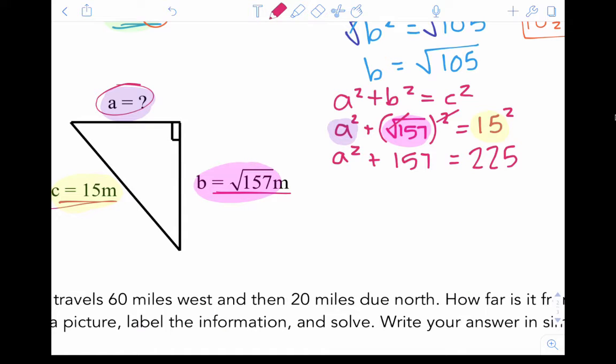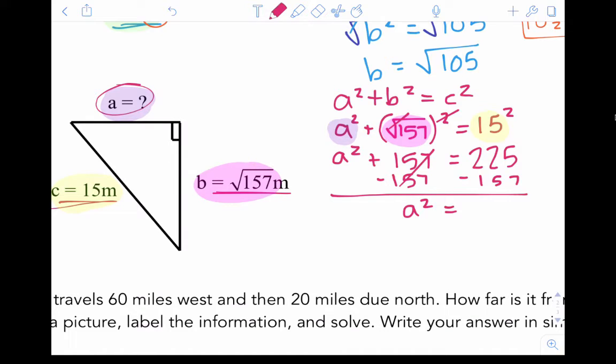Now I need to finish solving this, so I need to subtract 157 from both sides. I'm not quite sure what 225 minus 157 is, so I'm going to go through that process and simplify it. On the left, I have a squared.